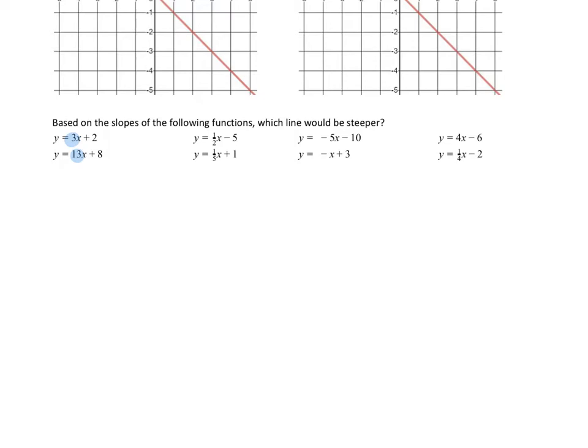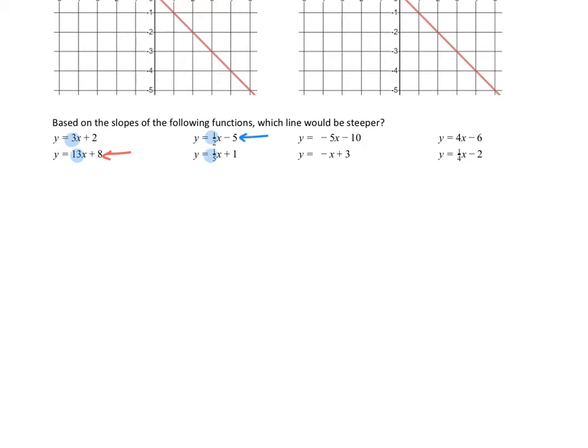That means we think that this is going to be the steeper line. With fractions, things that have the bigger bottoms are going to be smaller. So in fact, y equals 1/5 x is a smaller number, which means 1/2 x minus 5 is going to be steeper.